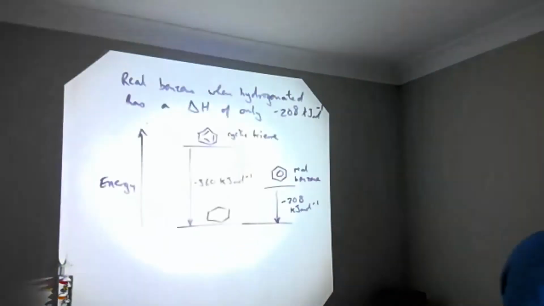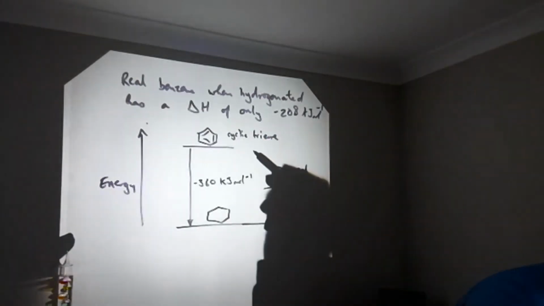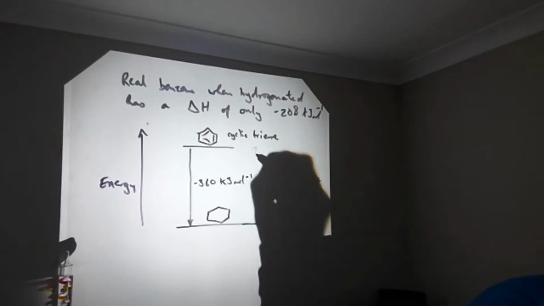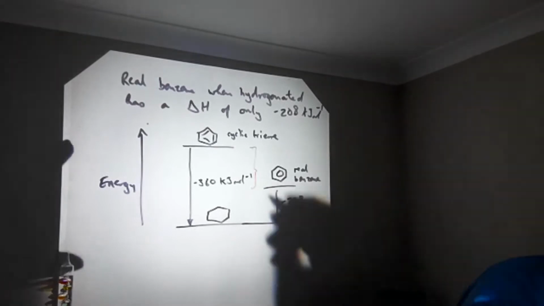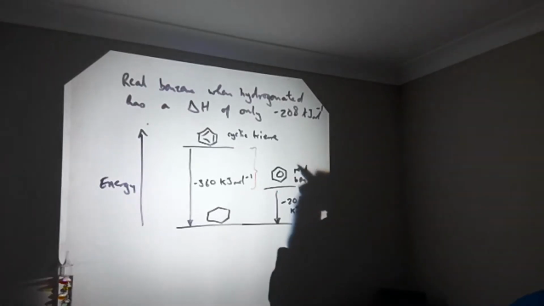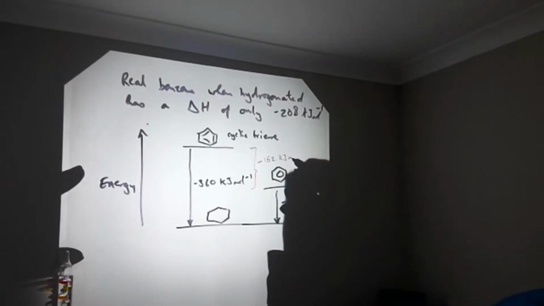And even more than that, we can even calculate just how much extra stability it has compared to the cyclic triene structure. So watch. This gap, that gap, is the difference between the two values, and the difference between the two values is minus 152 kilojoules per mole.